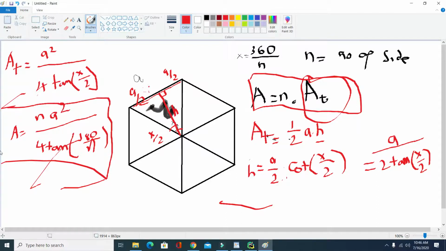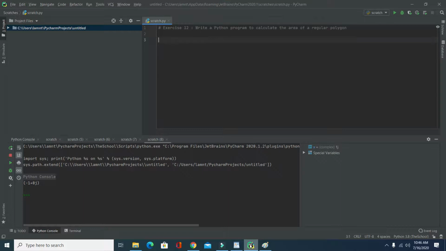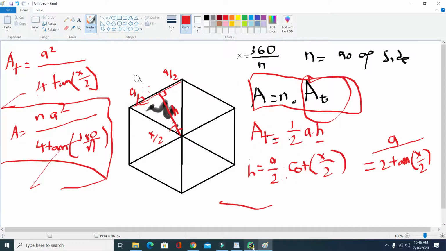So let's execute it. What we're gonna have to input is the side length and the number of sides, because the number of sides will decide the number X, right? So number n here is gonna decide number X, and we're calculating by using number X. So the two variables we're gonna have to input are essentially n and a, right?